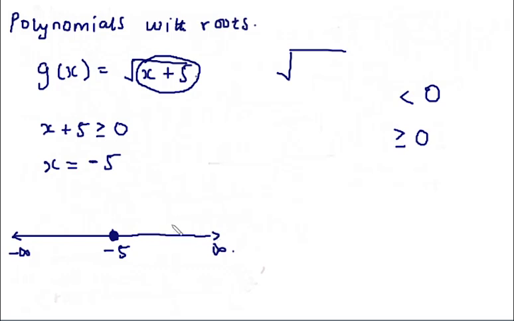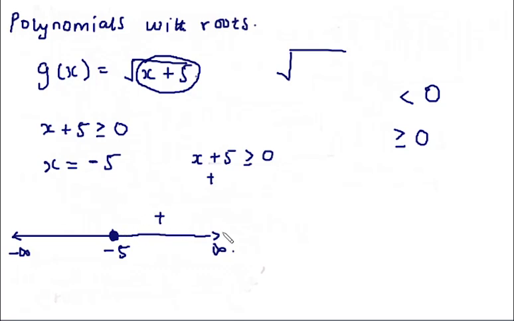So this means that I'll be checking a number from minus 5 to positive infinity. Okay, so from minus 5 to positive infinity, let's say we pick a number 1. So if you plug 1 into this function x plus 5 greater than or equal to 0, so 1 plus 5 is 6, and that is greater than or equal to 0. So we have a positive number here. So we are going to write positive here.